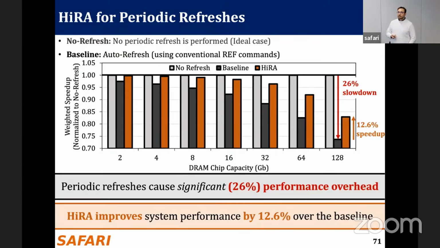And instead of auto refresh, if we use HiRA, then we can reduce the performance overhead that these periodic refresh operations are inducing to the system. And as a result, we can increase system performance by 12.6%.